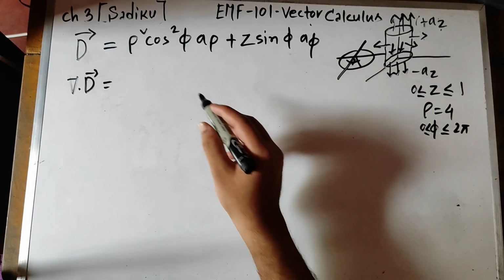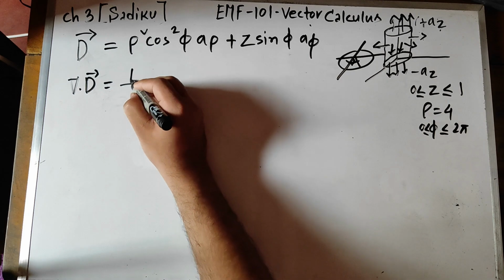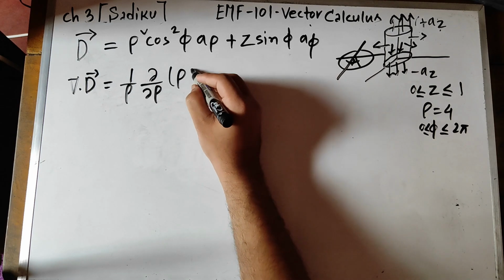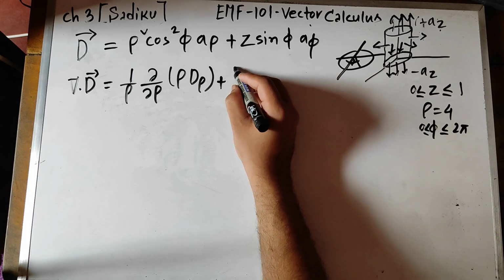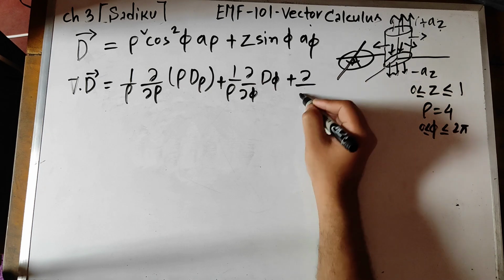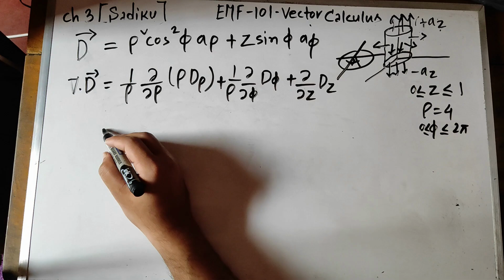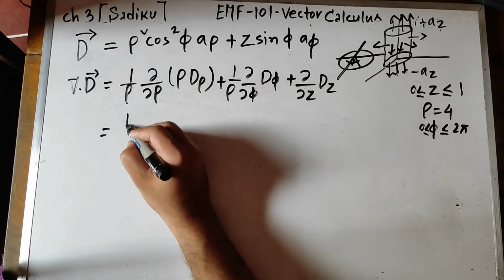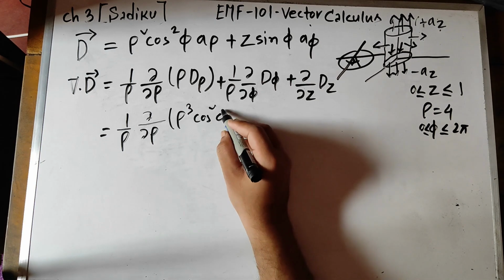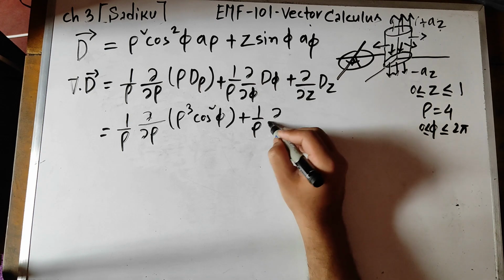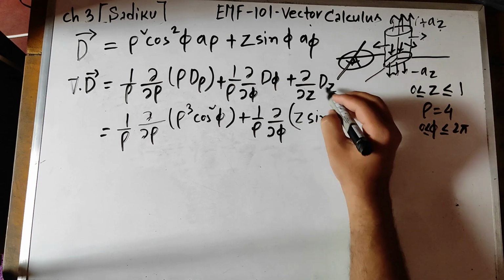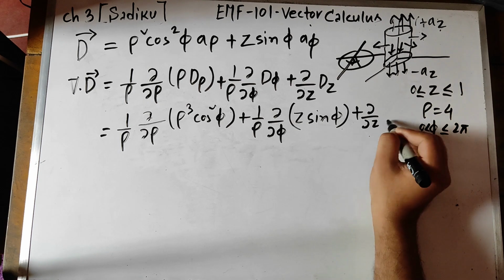Because this is in the cylindrical coordinate system, it is 1 by rho partial rho of rho times the rho component, plus 1 by rho partial with respect to phi of the phi component, plus partial with respect to z of the z component. The rho component is rho cube cos square phi, the phi component is z sin phi, and there is no z component, so that partial differentiation is 0.